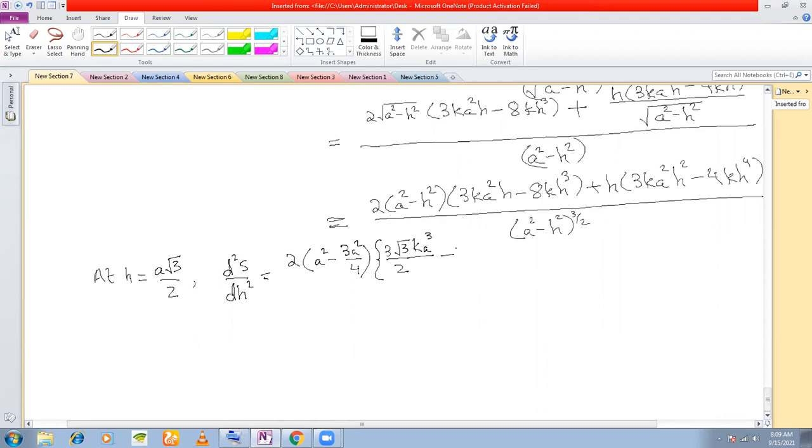Minus 8 k a cube into 3 root 3 divided by 8 minus, let's say this is plus or minus.